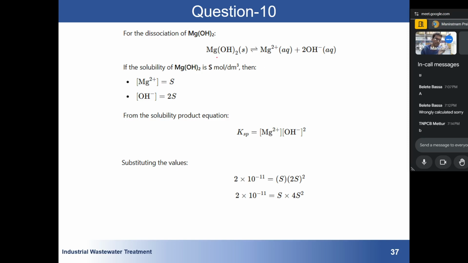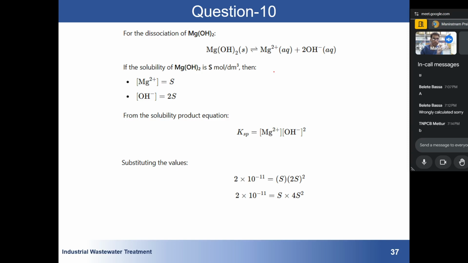For any metal we want to precipitate, a certain amount of magnesium is required and a certain amount of hydroxide, OH minus, is required. If we multiply the concentrations of those, we will have some KSP.